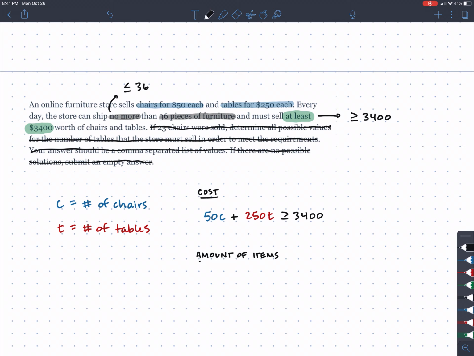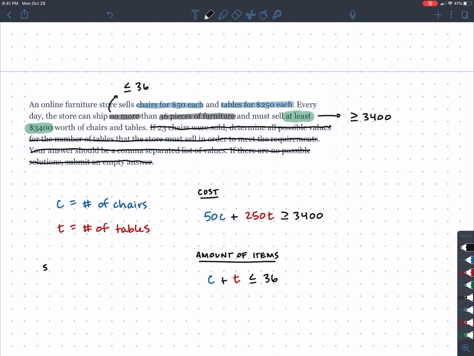So the number of chairs plus the number of tables is going to be less than or equal to 36.